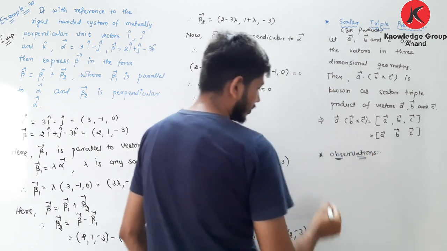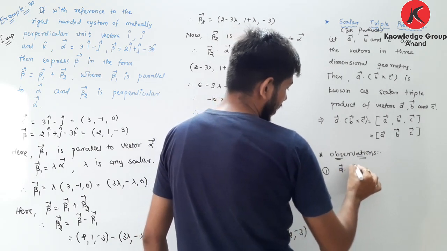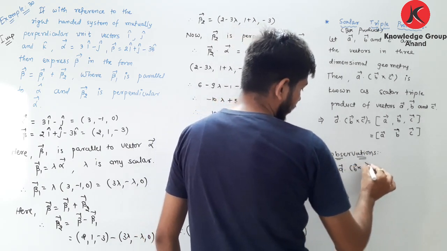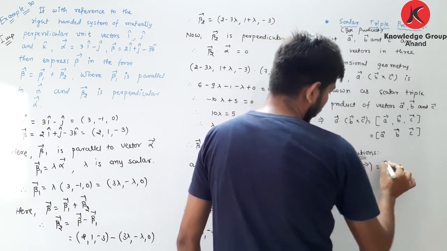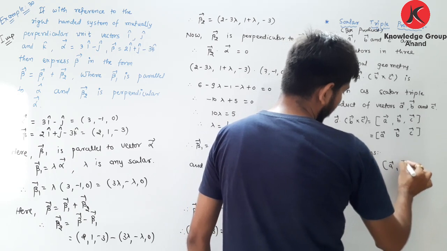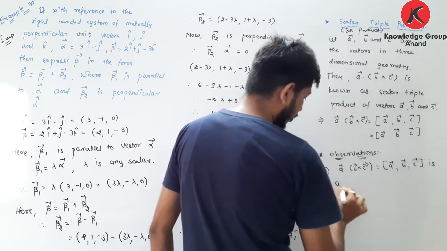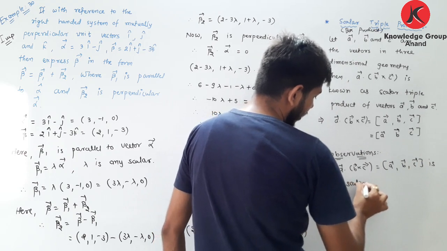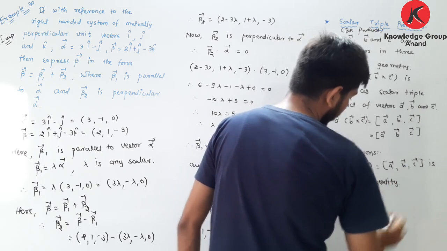The first observation: A bar dot B bar cross C bar, which is also denoted as the box product of A bar, B bar and C bar, is a scalar quantity. What kind of quantity is it? Scalar quantity.